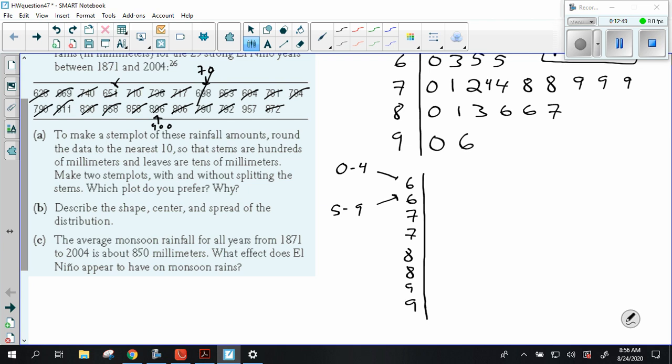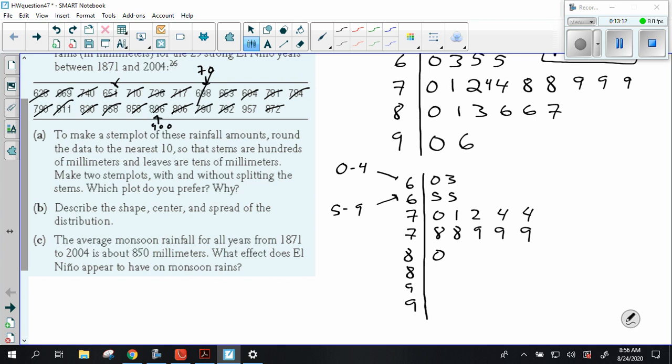So for instance, this one's going to get a 0, a 3, and this one's going to get a 5 and a 5 when I split it. With the 7, we'll go 0, 1, 2, 4, 4, and then this one will get the 8, 8, 9, 9, 9.